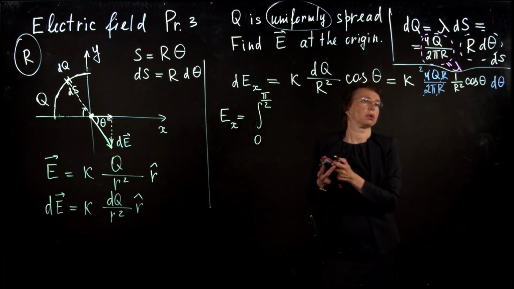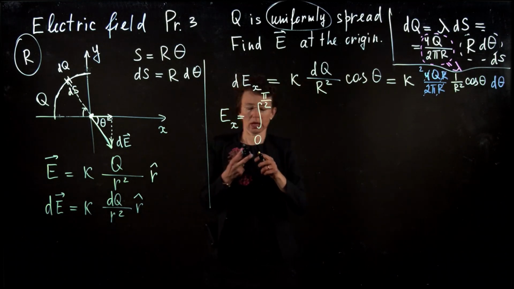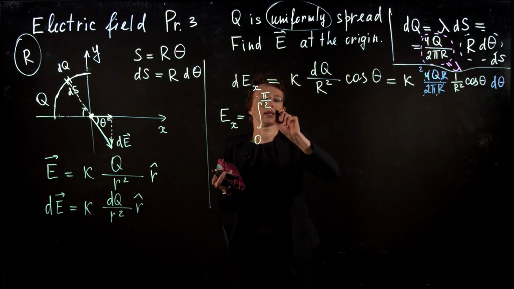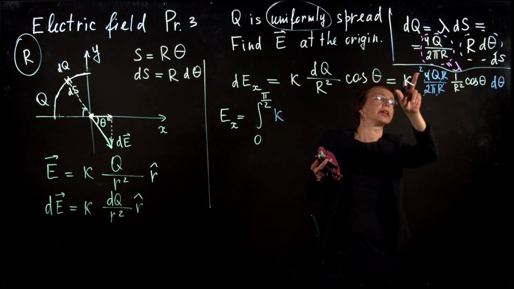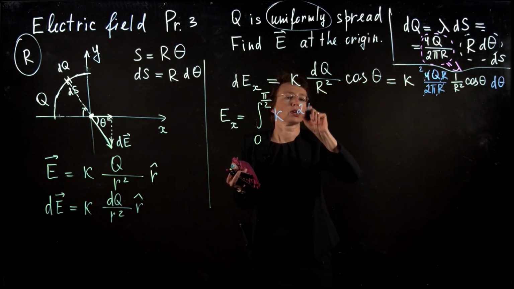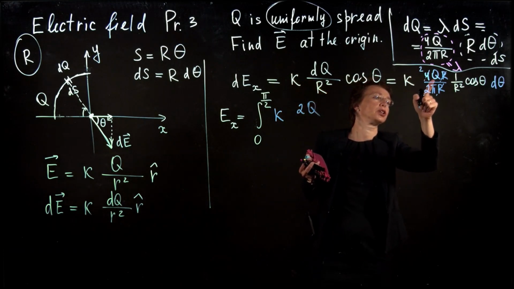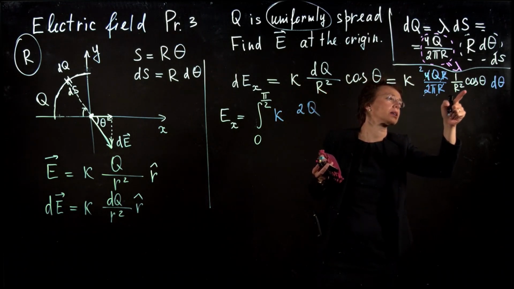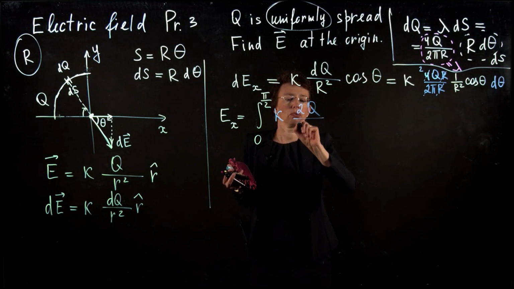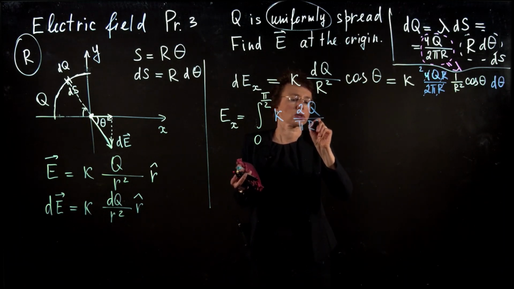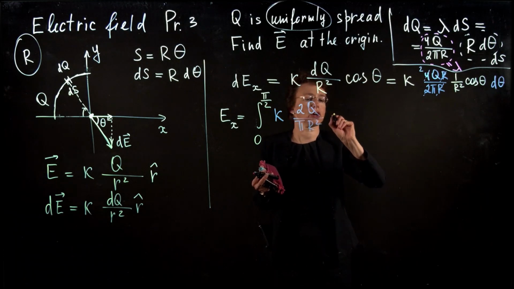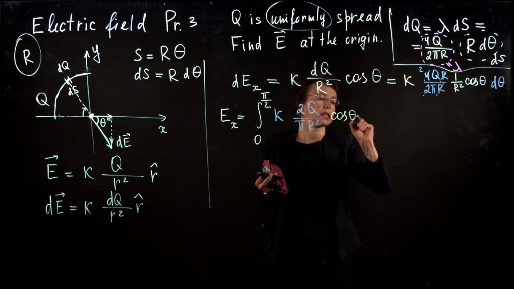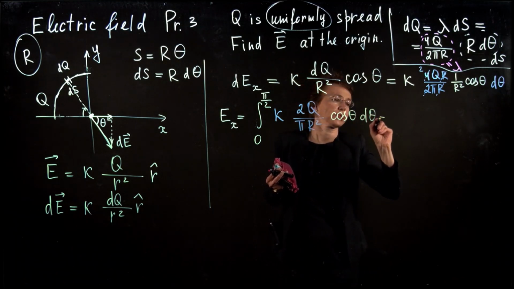Then 4 and 2 will leave me with 2 in numerator. So we will have k now, constants, k, that we can take out of integral. Then 2q over pi r squared, and then what is left, we have here cosine theta d theta.